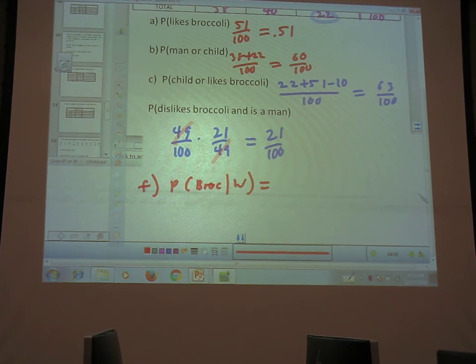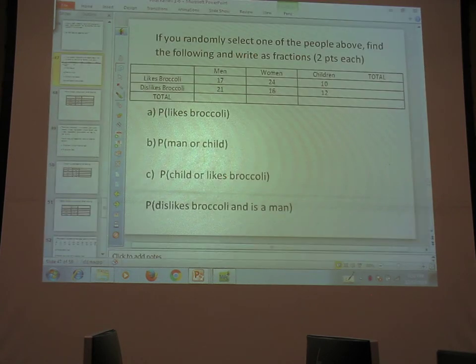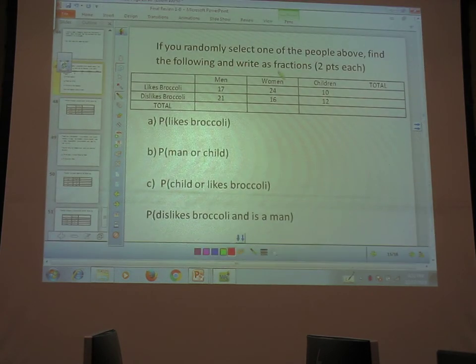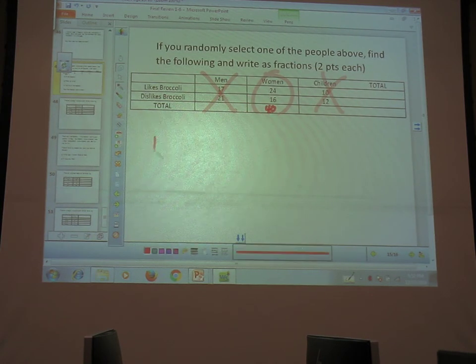You know it's a woman, you know it's not one of these. So the probability of broccoli given woman is 24 out of 40.